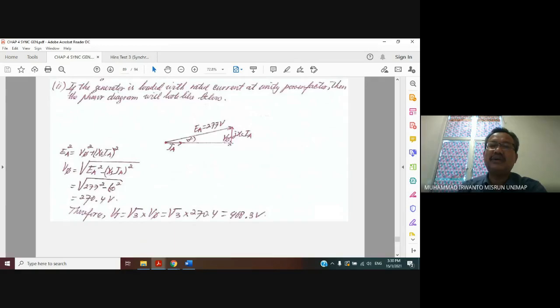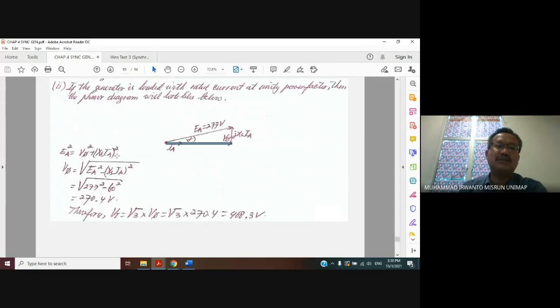So the vector of jXS IA can be drawn starting from the end of the phase voltage vector, and it is perpendicular. Now we can find the value of phase voltage directly, based on the triangle here. So EA squared equals phase voltage squared plus (XS IA) squared.